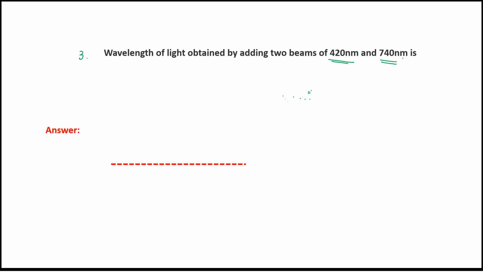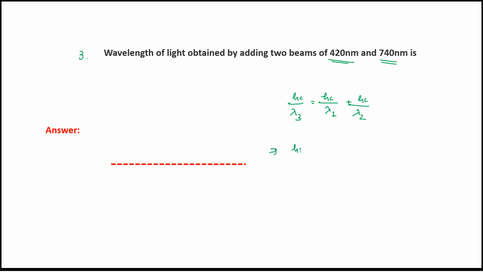Okay. So we'll write this as hc by lambda 3, which is the energy of the wavelength of light that is formed by adding these two, is equals to hc by lambda 1 plus hc by lambda 2.